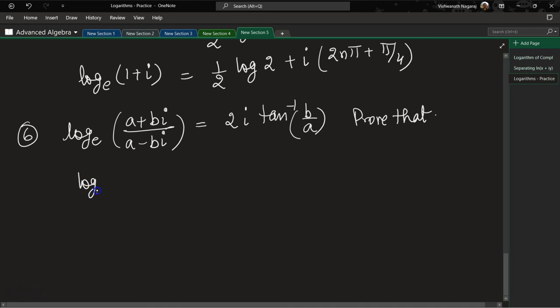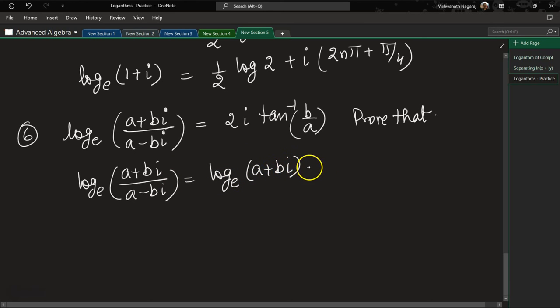We know log e of a plus bi by a minus bi can be written as log e of a plus bi minus log to the base e of a minus bi. Logarithm rules.